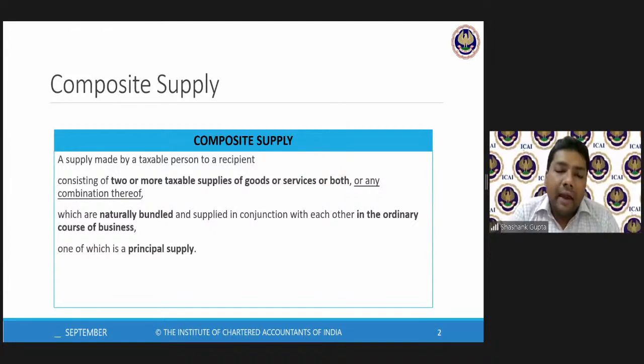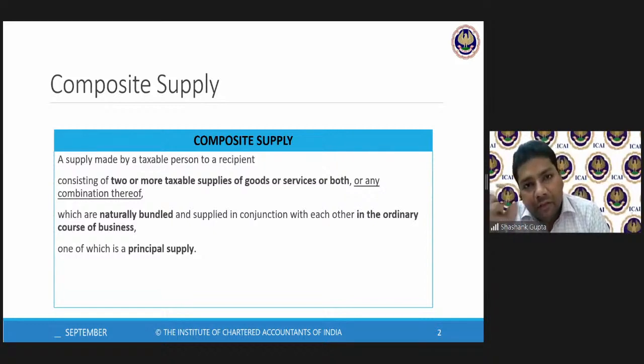And that is why the entire genesis of a transaction being composite supply is to understand whether this combination of supplies is naturally bundled in the ordinary course of business or not. Because if it is not, then this bundling will get covered under mixed supply. And mixed supply we are going to discuss once we complete our discussion on composite supply.